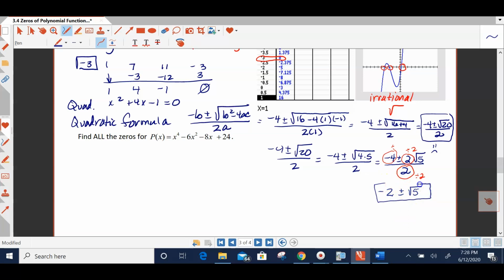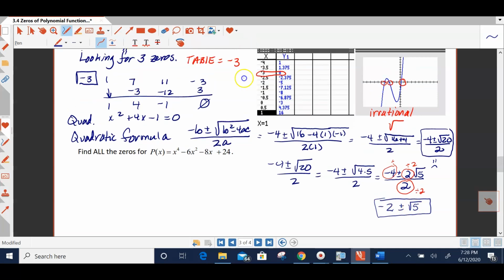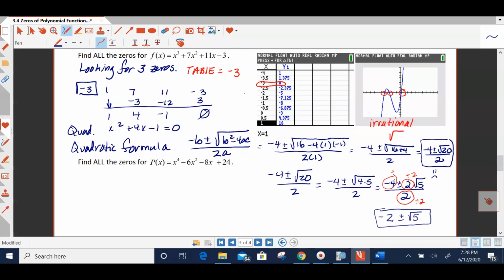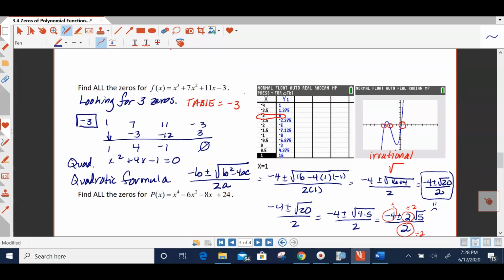Notice these did not come up on my table because they're not nice whole numbers. Only the -3 showed up in the table, so I have a total of 3 zeros. Let's list them up here.